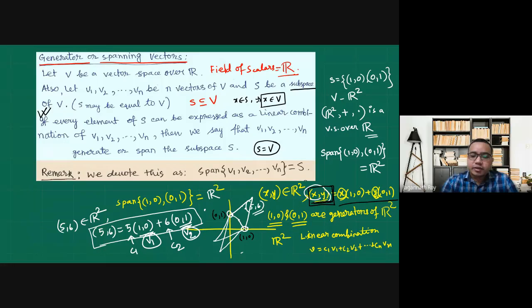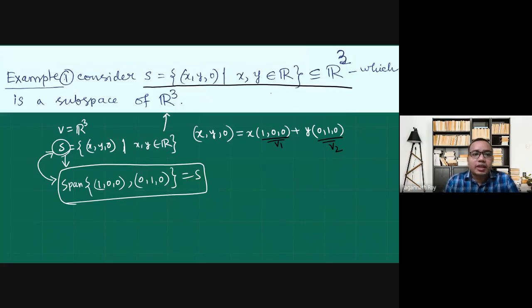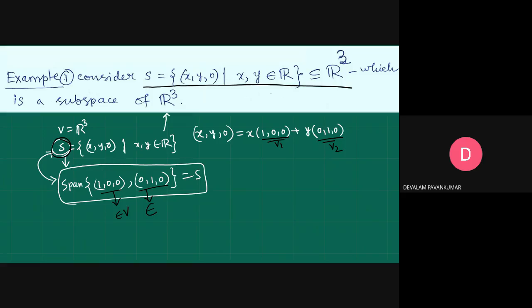In the next example, this particular subspace is a span of these two vectors. But these vectors also belong to the vector space V. Sir, once again repeat the definition, sir.